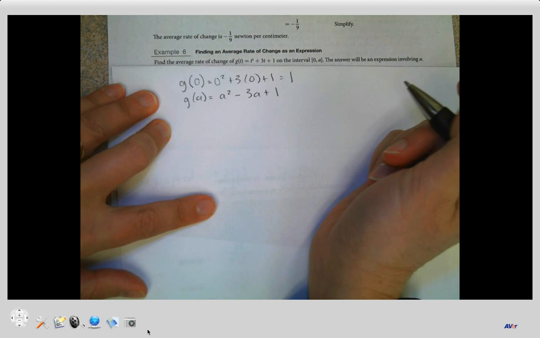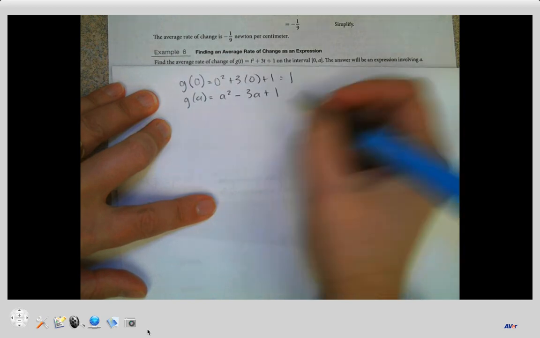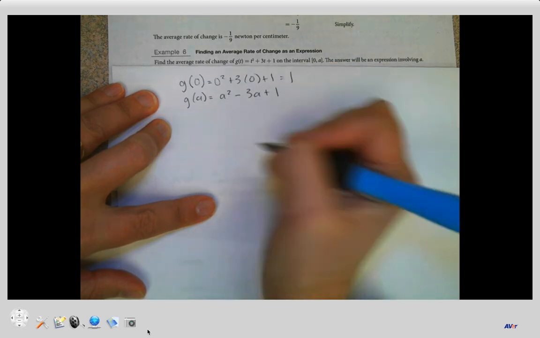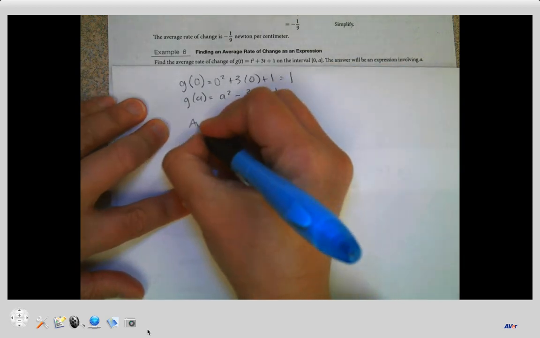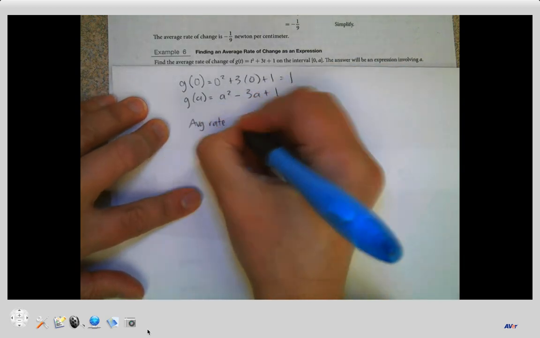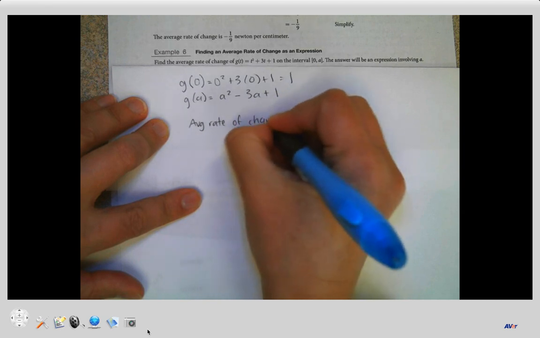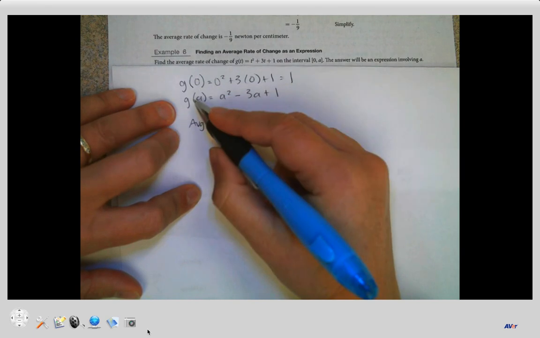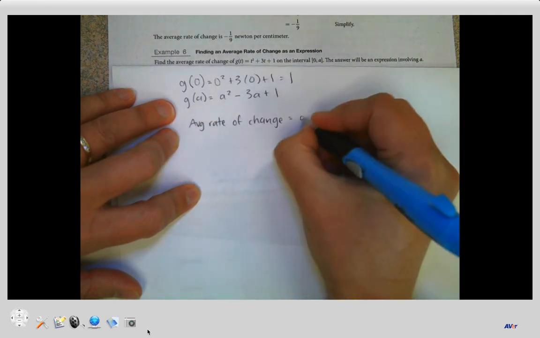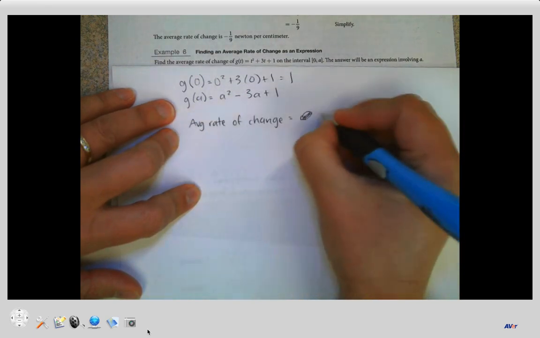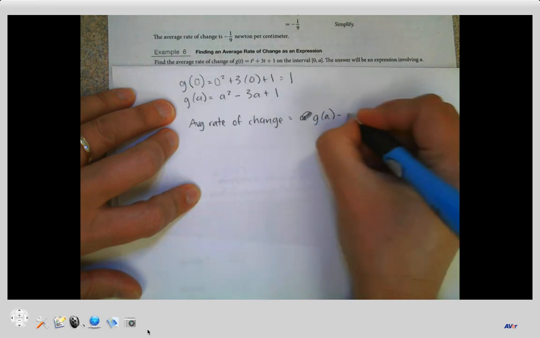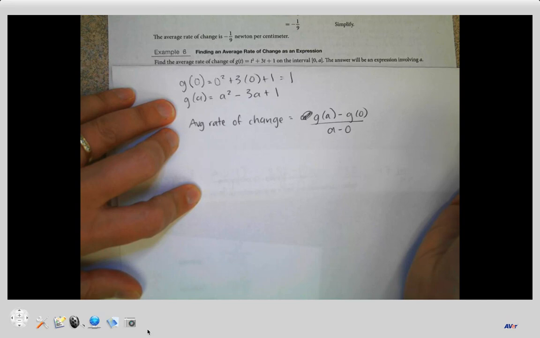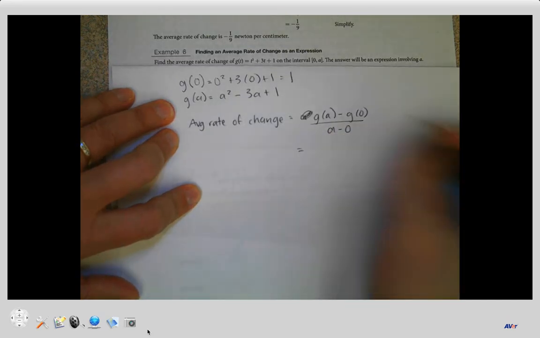Doesn't look super friendly because it has these letters in here, but we can deal with variables. Let's find our average rate of change. First let's write the equation: g of a minus g of 0 all over a minus 0. What is g of a?